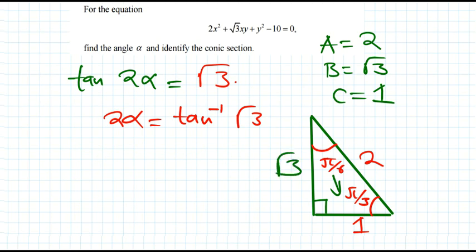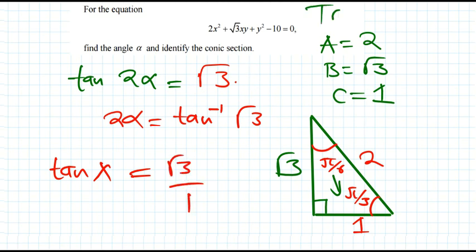So you want to ask yourself, what value of tan of what angle x gives me root of 3 over 1? Now SOHCAHTOA: the tangent comes at the far end, which implies opposite over adjacent. What angle is opposite to root of 3, and adjacent to 1?